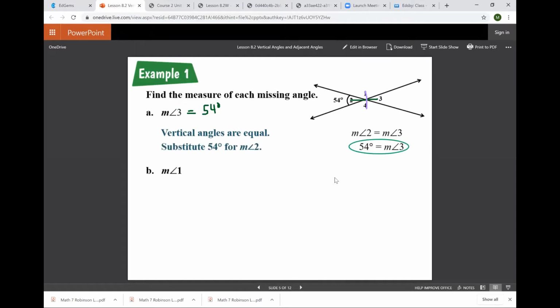So, the measure of angle 1. Here we go. I wish I could highlight that one. Let's use this, I'm going to make it yellow. So, I got that, and I got that.